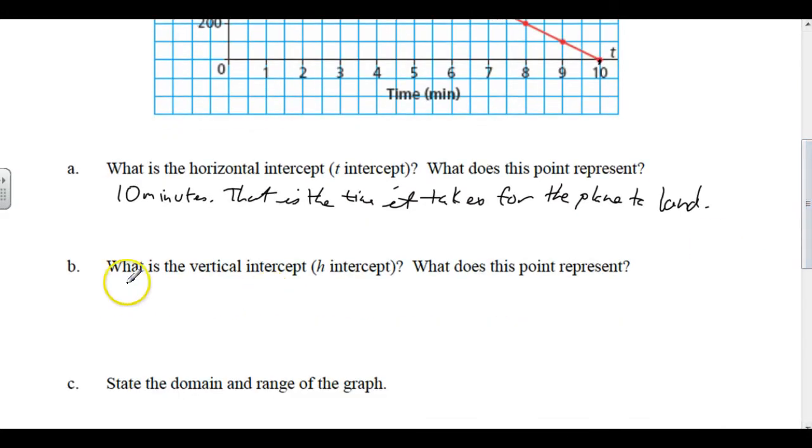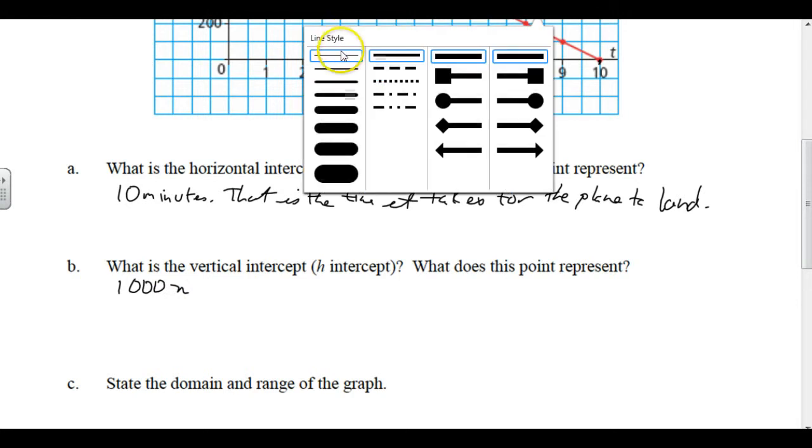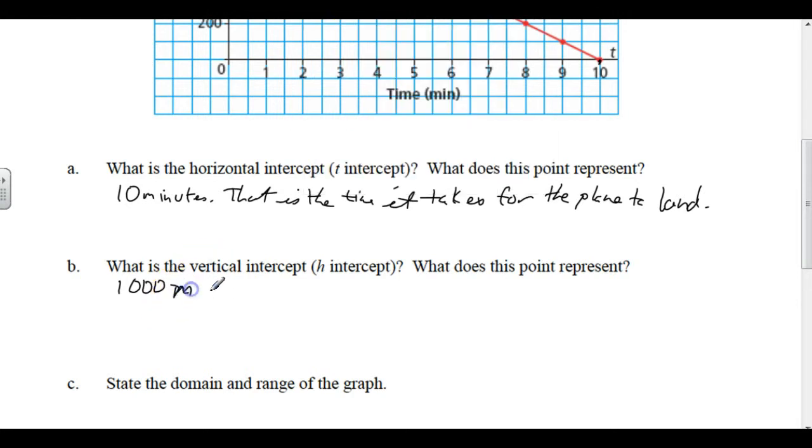Where are we? 1,000 meters. And that's the height of the plane when it started its descent.